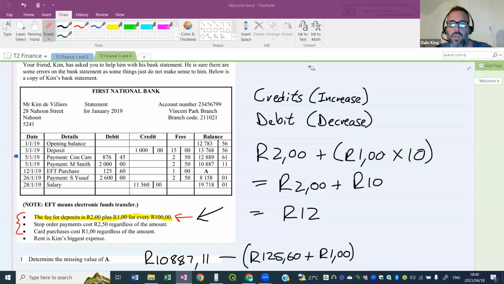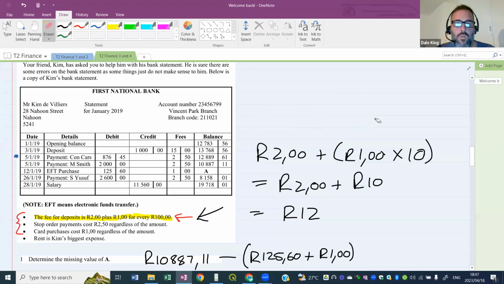Definitely not 15, but according to this calculation, it should be 12. So it's 2 Rand plus 1 Rand times 10. Don't forget to add on the 2 Rand. So that makes it 12 Rand, not the 15 Rand that the bank is saying. So the bank is trying to steal more money.